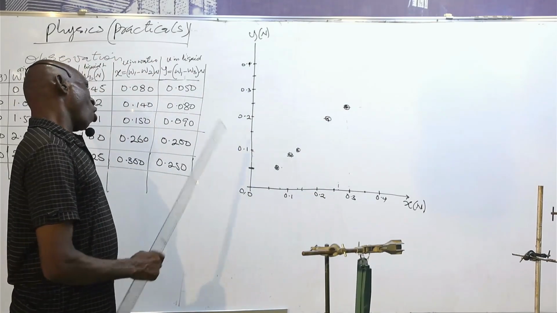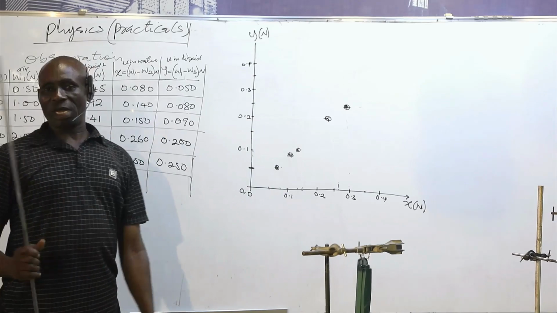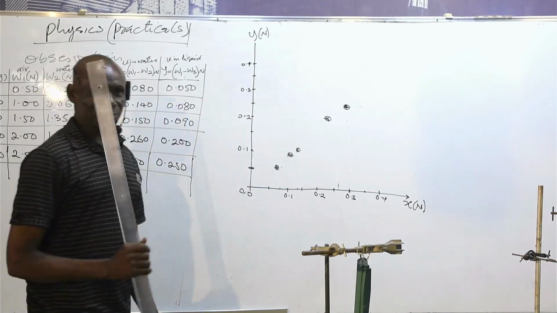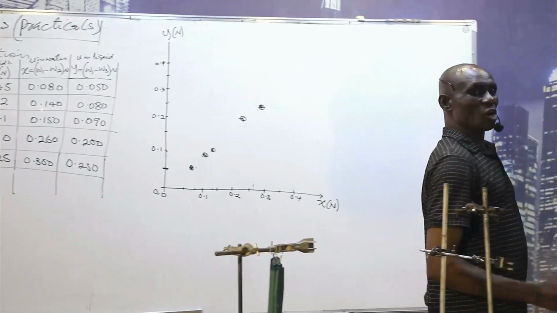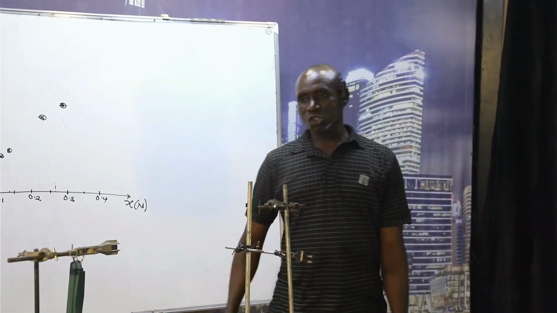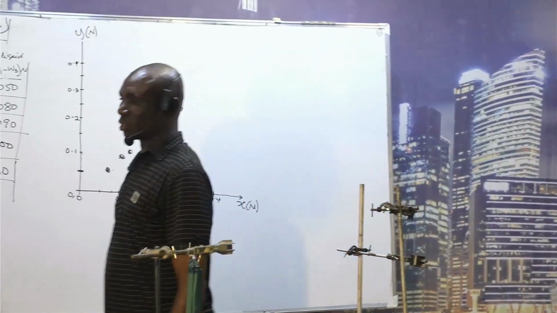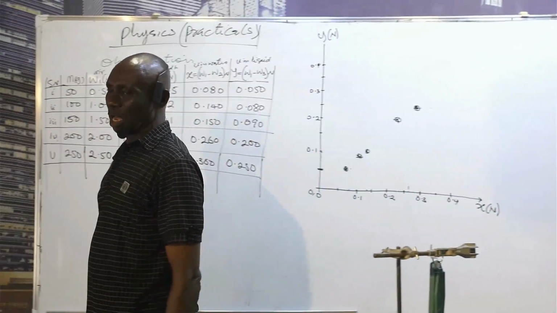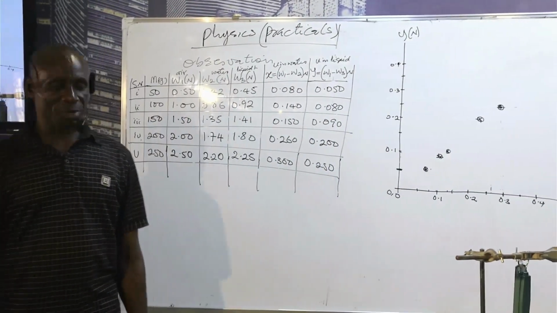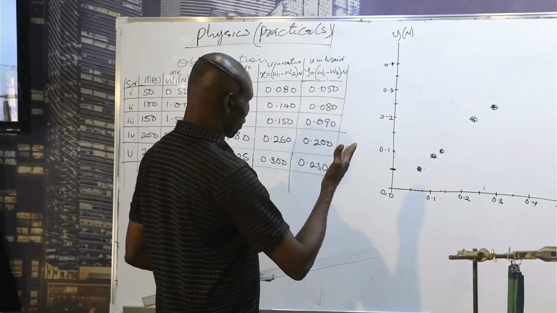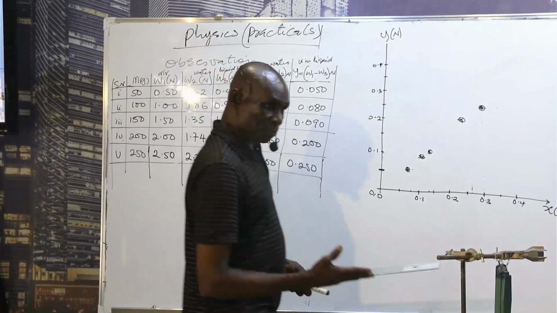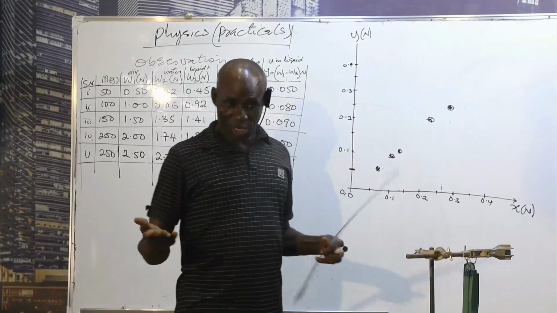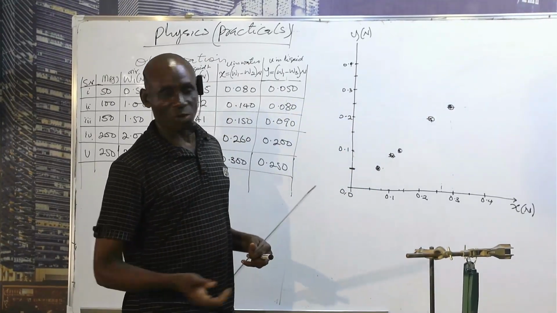There is no way all the points will enter the line as long as physics is concerned. The principle is based on line of best fit. Some will be out to the right, some will be out to the left. That's exactly the principle. This is a rough idea of the kind of information you're looking for.